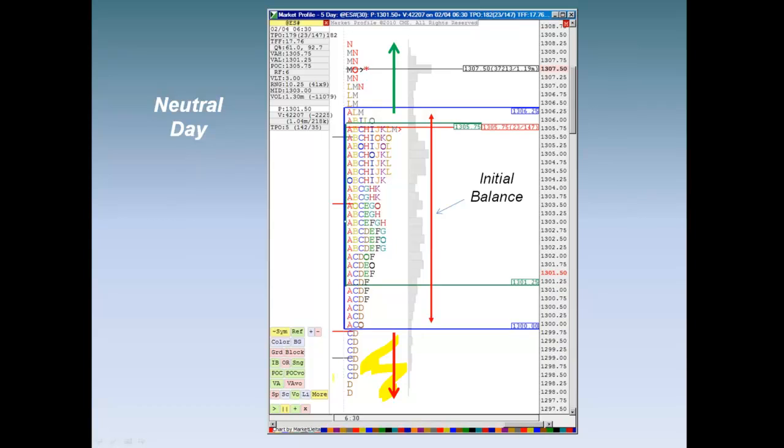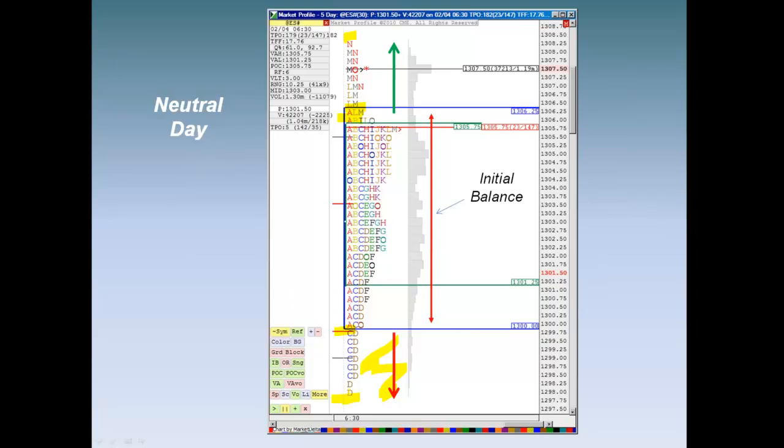The interesting thing that I also want to point out to you is look at the actual extent of the extension beyond initial balance. It's almost about equal. Neither one was really larger than the other. This also helps you in making projections.